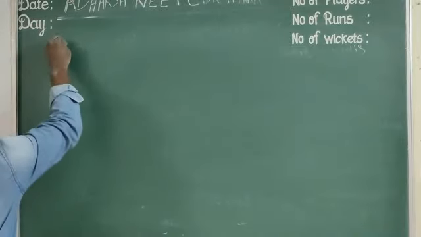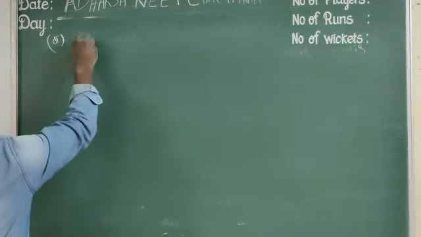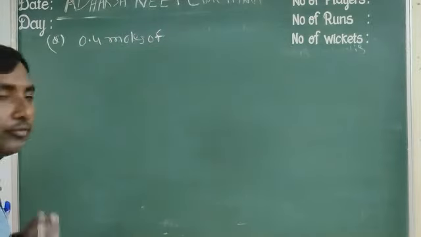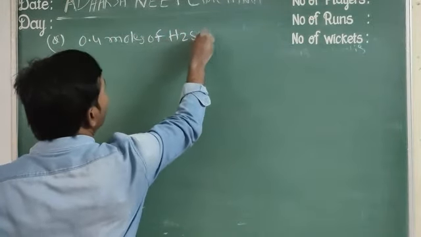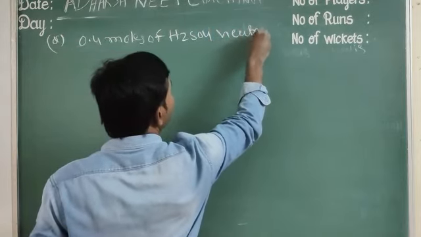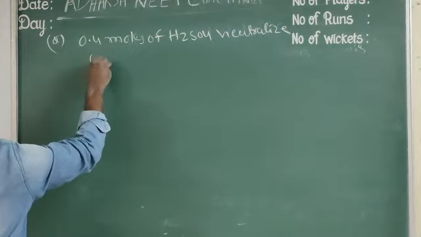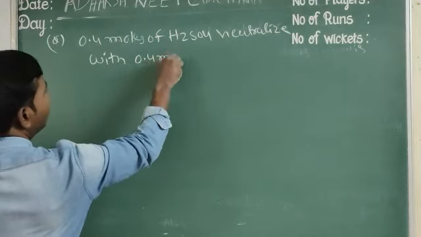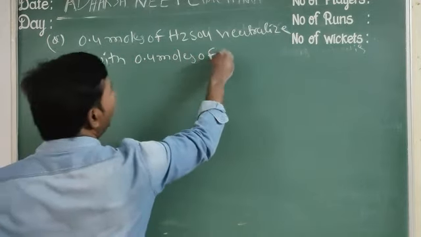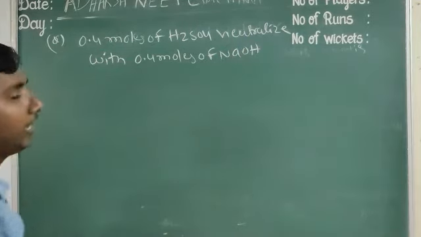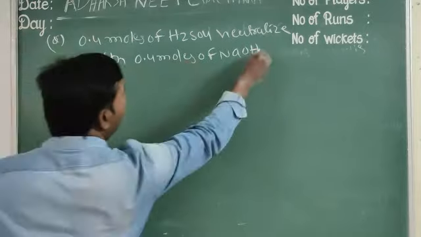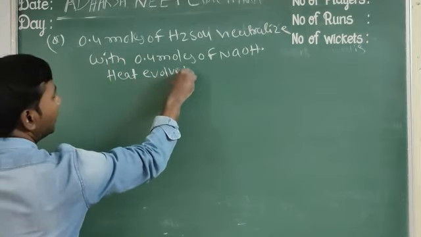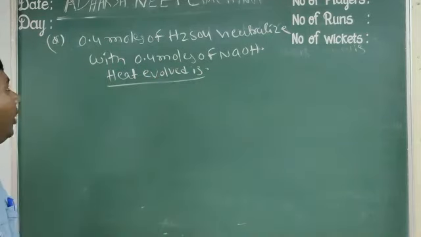Next one, for example: 0.4 moles of H2SO4 is neutralized with 0.4 moles of NaOH. The heat evolved is to be found.